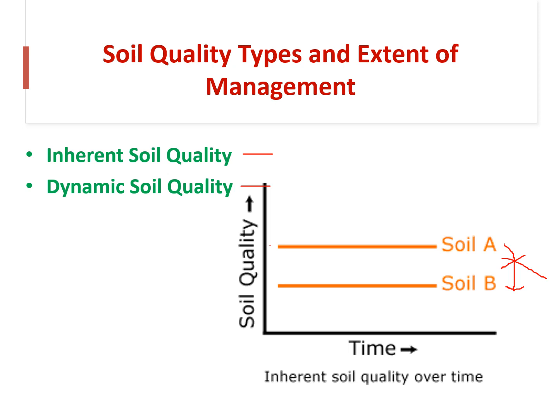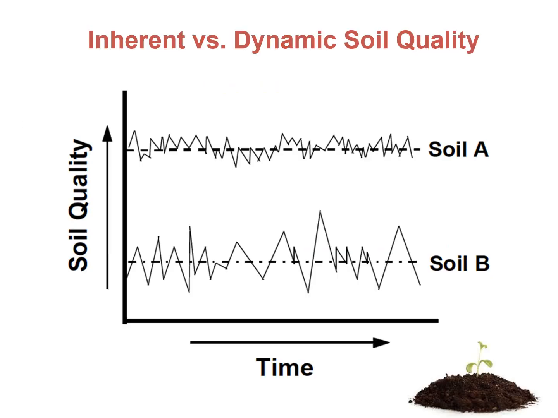It means that quality can be changed with our management practices or with some amendments, and we are interested only in dynamic soil quality, not inherent soil quality, because it's very tough to change those quality parameters.